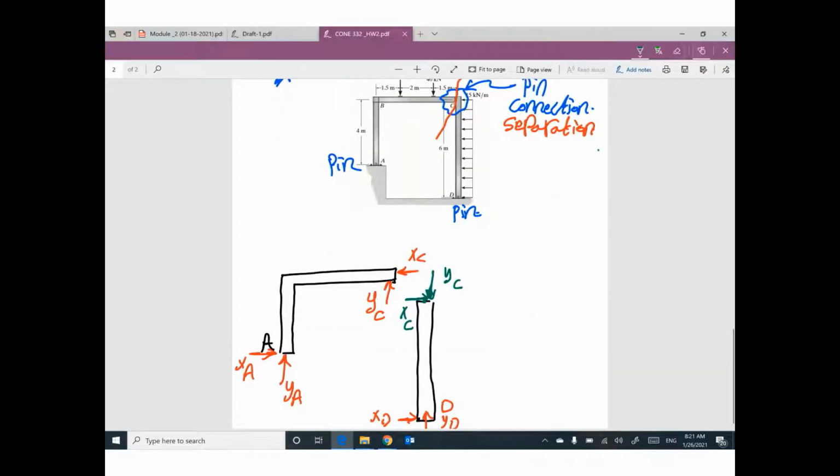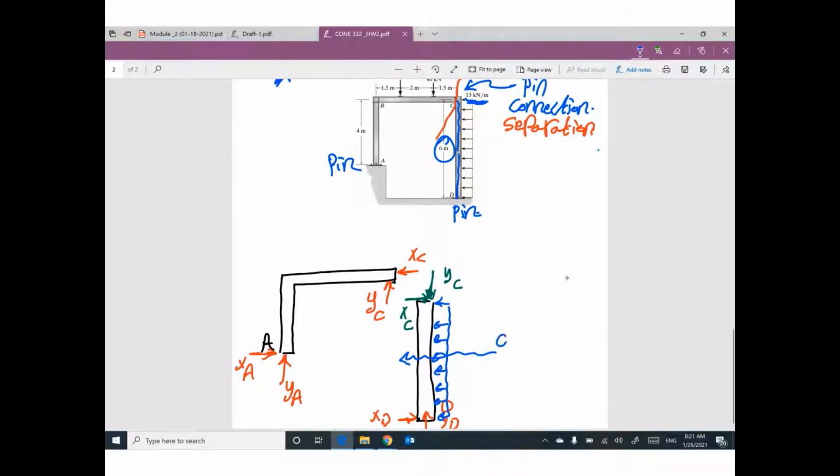we have distributed load here. How much is the equivalent for this distributed load? The equivalent will be like this. How much? 15 times 6. 15 is the value of the distributed load. 6 is the total length of this load.